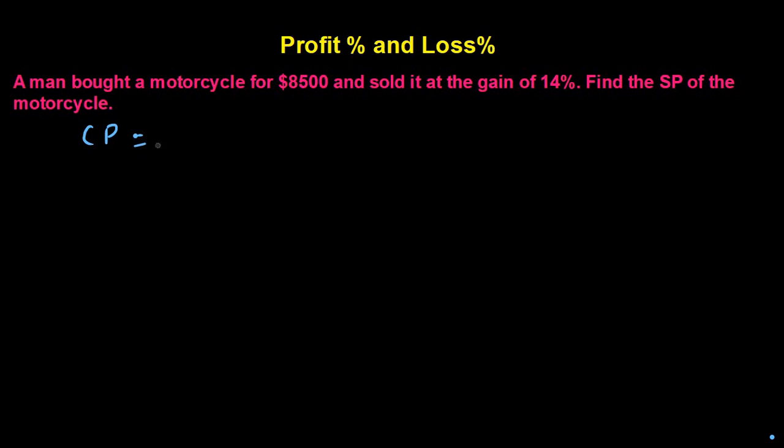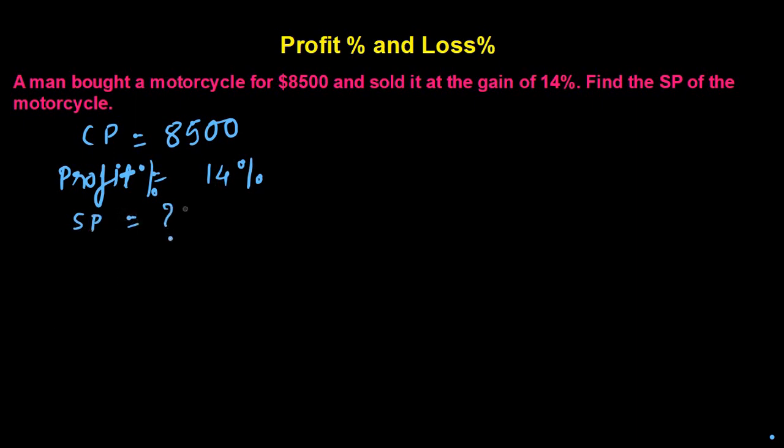CP is equal to 8,500 and sold it at the gain of 14%. The gain means what? Profit, and that too it's given in percentage format. So profit percentage is given, which is 14%, right? Find the SP. You need to find the SP.